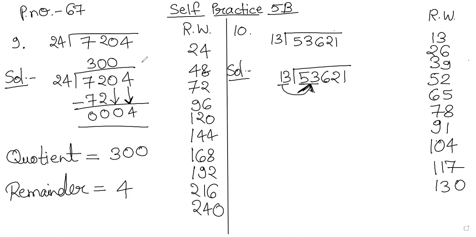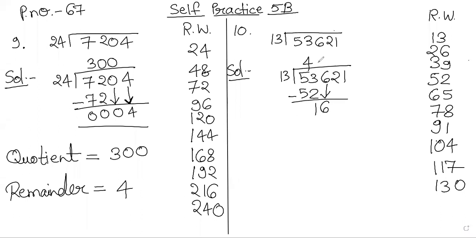Now in how many times can you divide 53 by 13? In 4 times. 13 fours are 52. Now subtract 52 from 53. 1 is left. Now 1 is smaller than the divisor, we cannot divide. So bring down the next digit, which is 6.